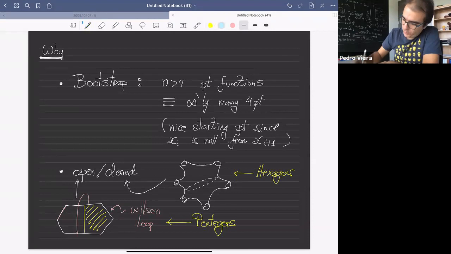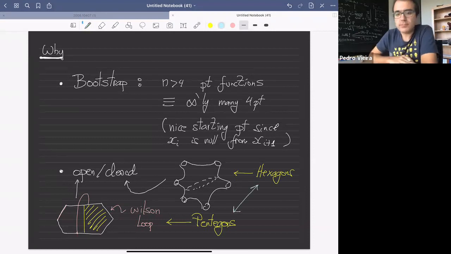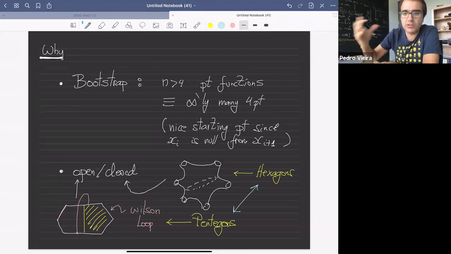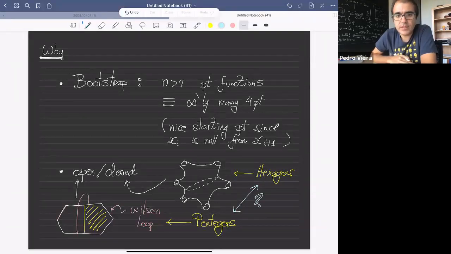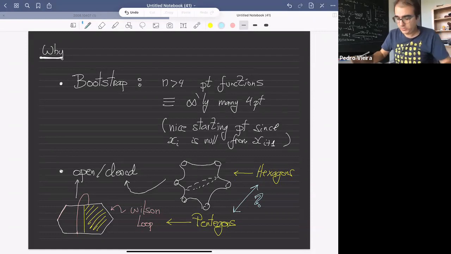And one thing that we would like to understand is how to bridge both. How to come up with a unified framework that describes open and closed strings at the same time. This is an important question we would like to understand. So this would be the motivation for doing these explorations.